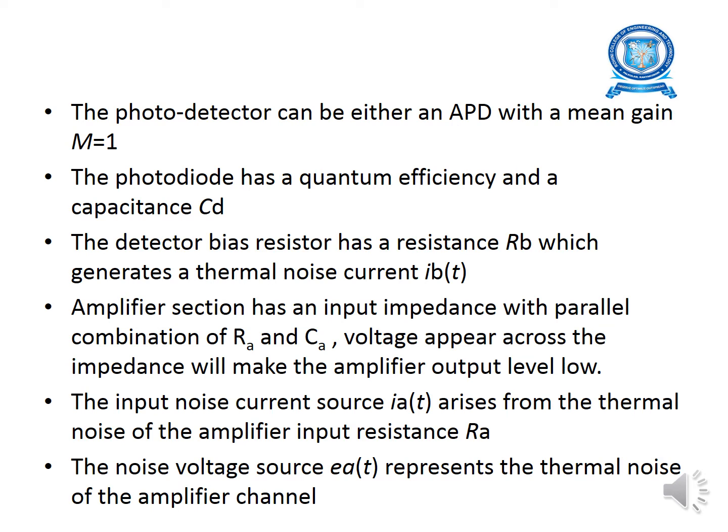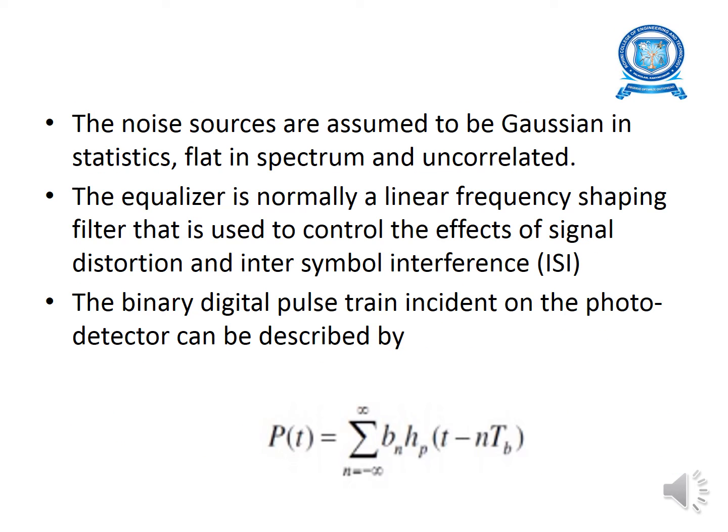There are two amplifier noise sources represented. One is the thermal noise due to the resistor RA, and the noise voltage source EA of t, which represents the thermal noise of the amplifier channel. The noise sources are assumed to be Gaussian and stationary with a flat spectrum, hence it is referred to as white noise.